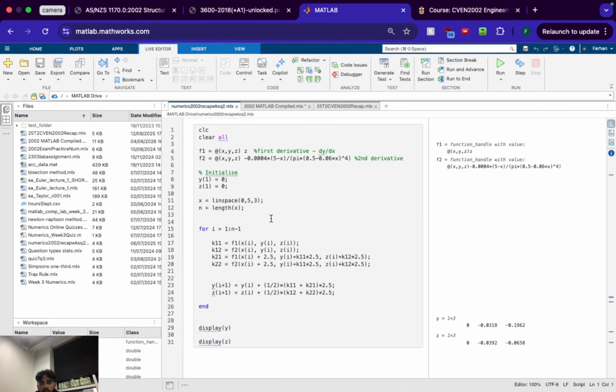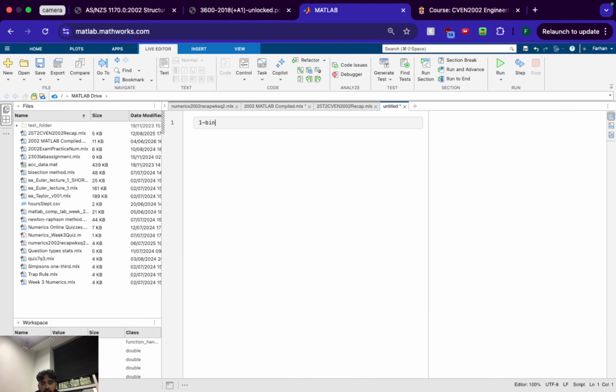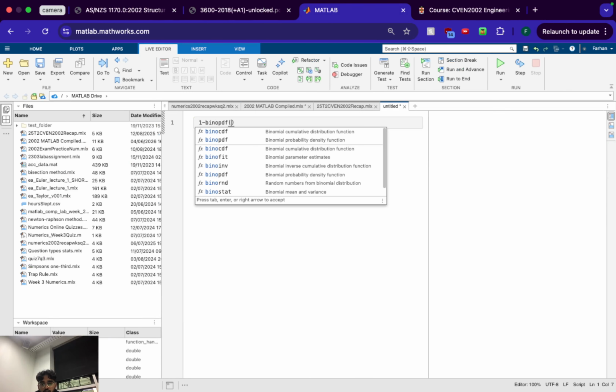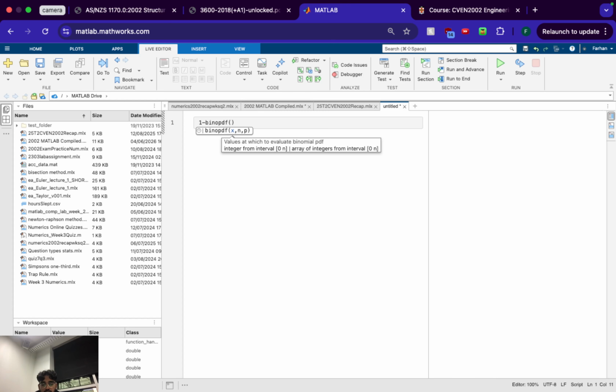So instead, what you can do is something called 1 minus binopdf, x, let's say 3, 10, 0.5, and you get your probability that way. So as my sample size is 10, I'm trying to find the outcome of 3, and the probability of the outcome actually popping up is 0.5.